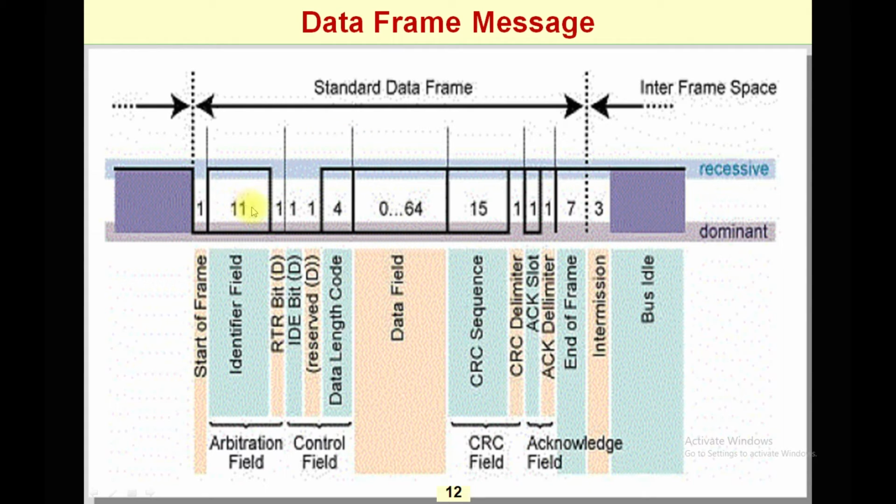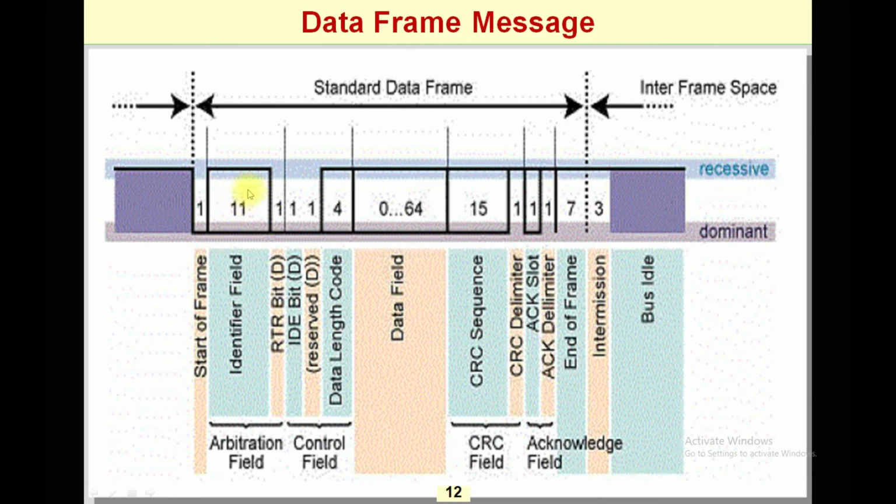Okay, so instead of 11 bits, how the arbitration is happening, we will be discussing with 3 bits. Assuming that there are 11 bits, 2 power 11 means 2048 nodes are connected, and 2048 messages with 2048 message IDs are possible.